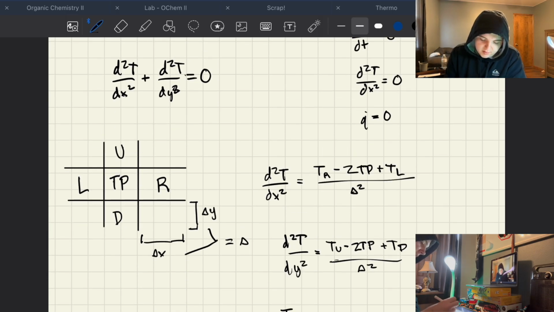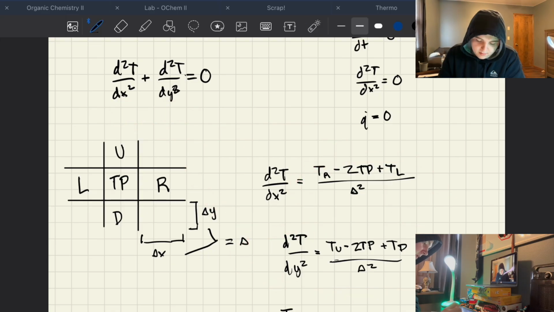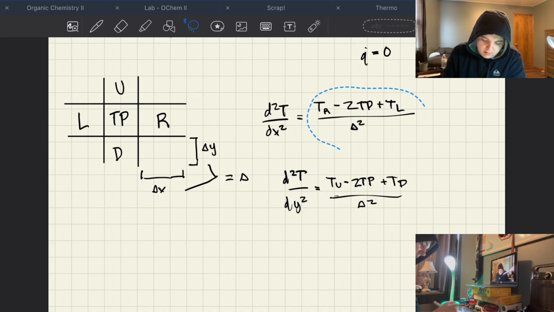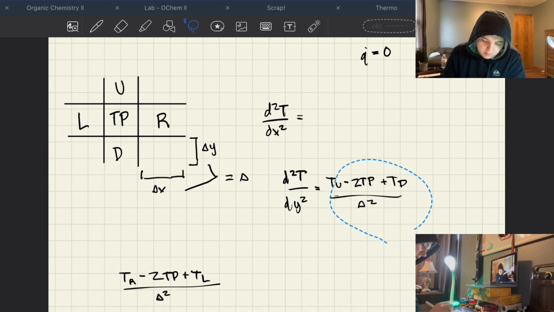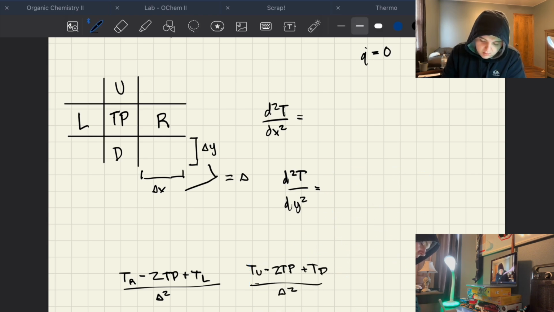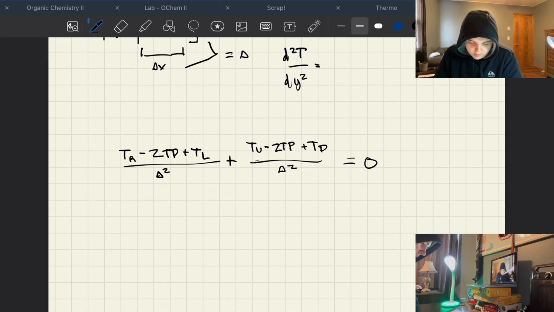So we're just going to substitute this in for this, and this, and for this, and then set it equal to 0. I'm not even going to bother rewriting it; I'm just going to take these and add them together. Equals 0, correct? Yes. Okay, cool.